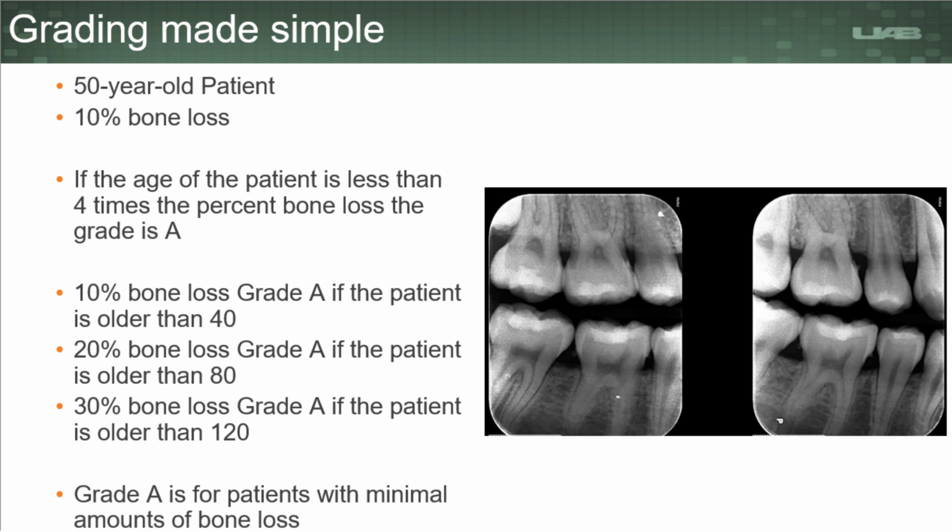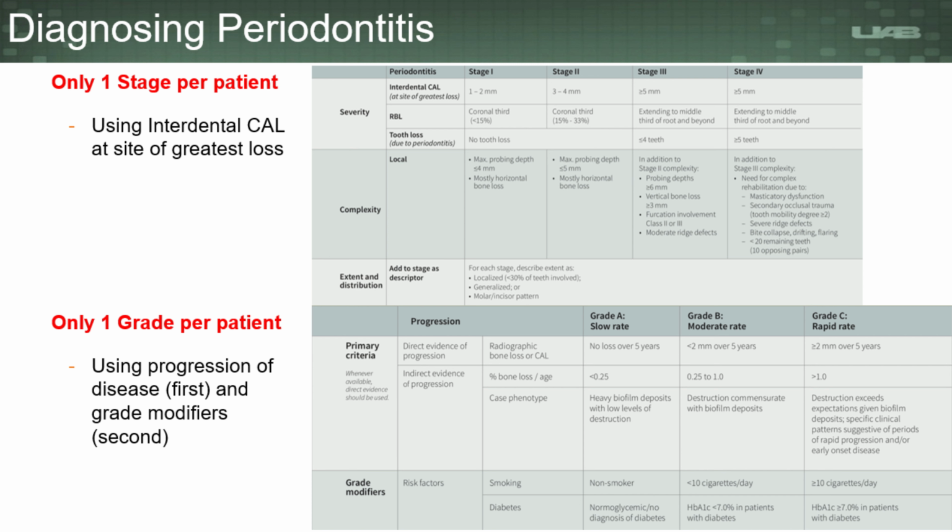The other thing that's important to understand is that you only diagnose one stage per patient and one grade per patient. This is a patient-wide diagnosis, and it is a patient-wide grading.